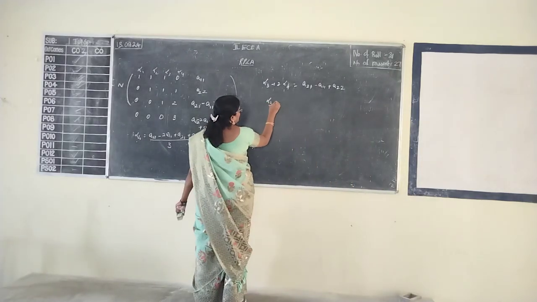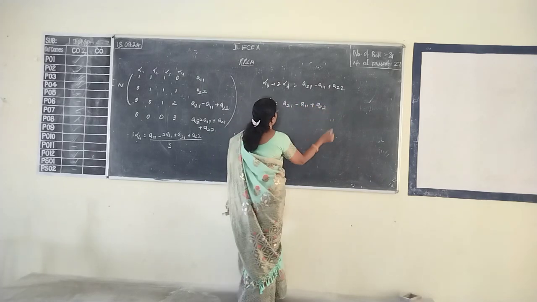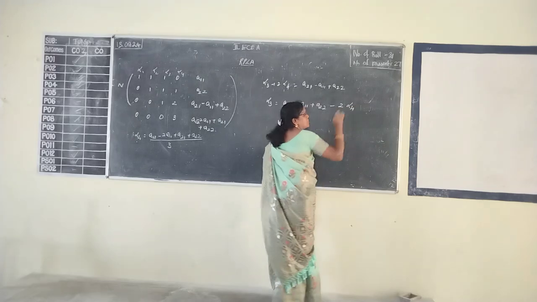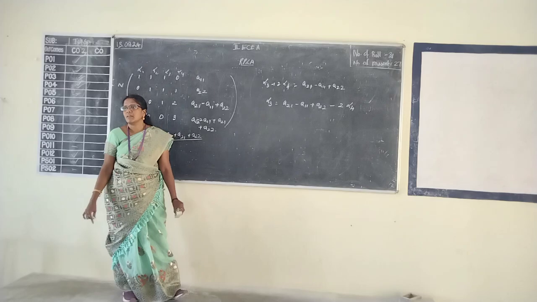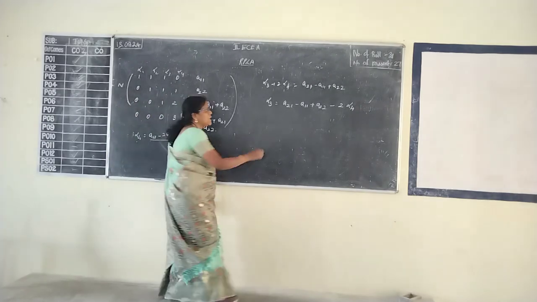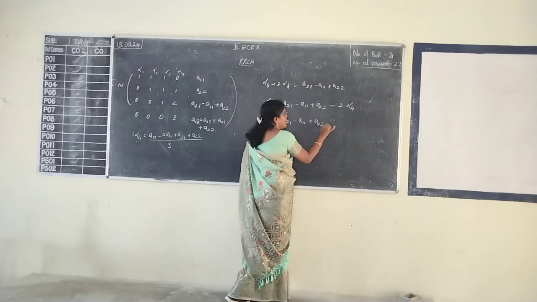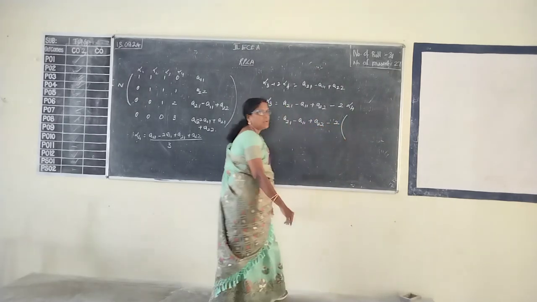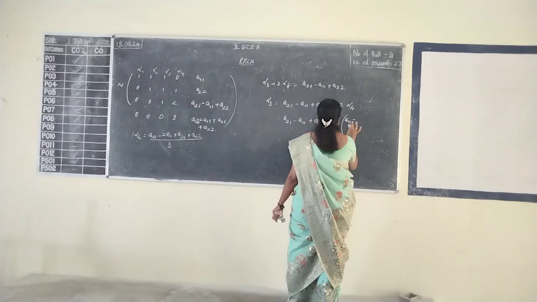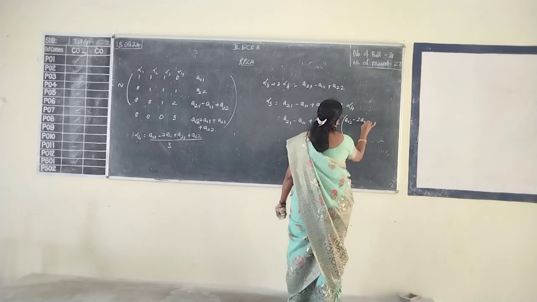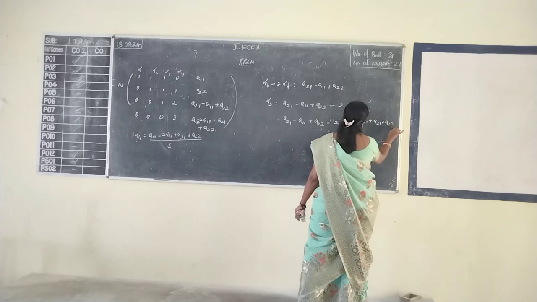So alpha 3 equals a21 minus a11 plus a22 minus 2 alpha 4, bringing alpha 4 to the right hand side. Now substitute your alpha 4: a21 minus a11 plus a22 minus 2 into alpha 4. Alpha 4 is a12 minus 2 times a11 plus a21 plus a22, divided by 3.